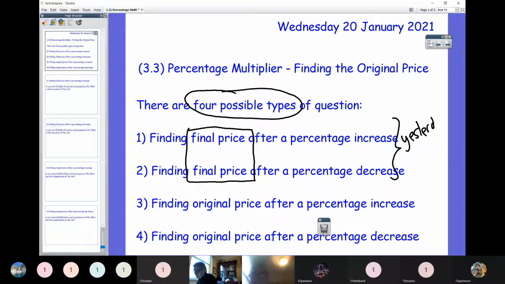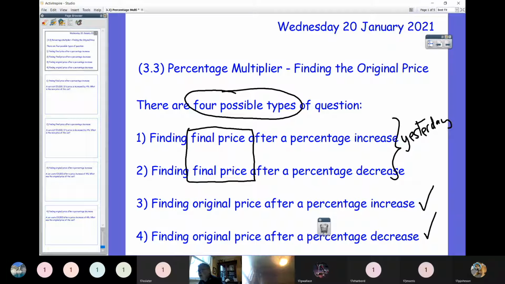Now today, the questions are going to be the other way round, okay? We're told what the amount of money is after the percentage increase, and you've got to work backwards. So that's what we're going to be doing today, numbers 3 and 4.